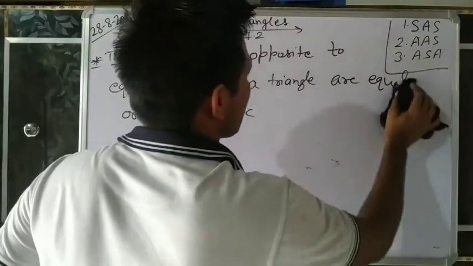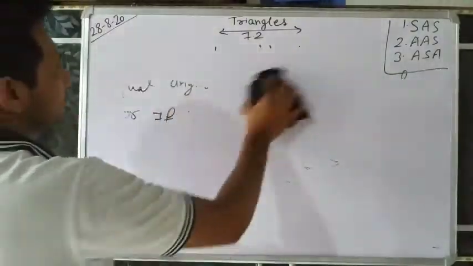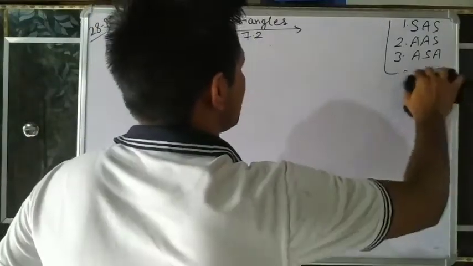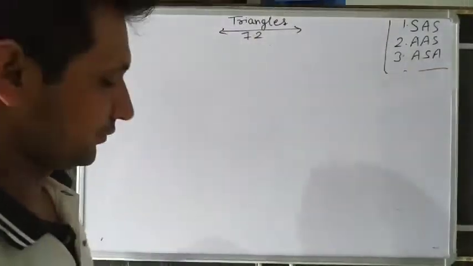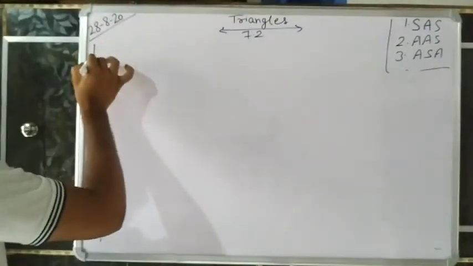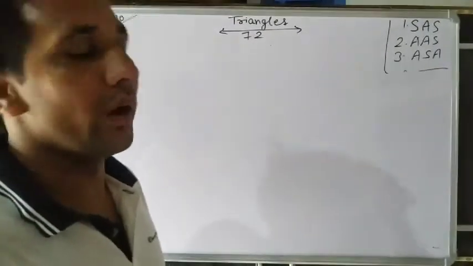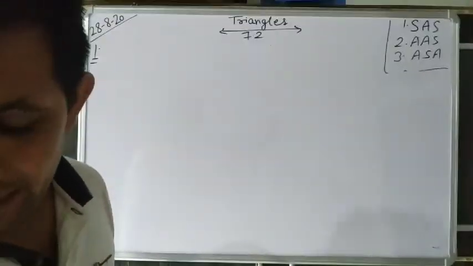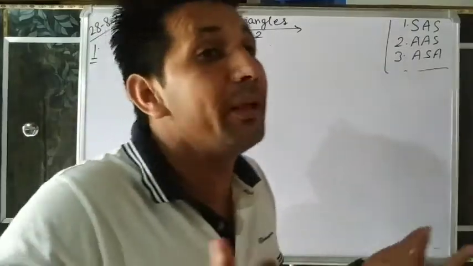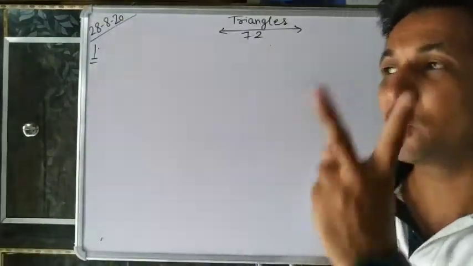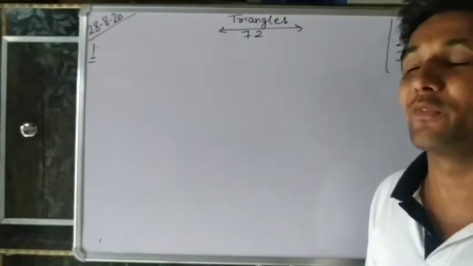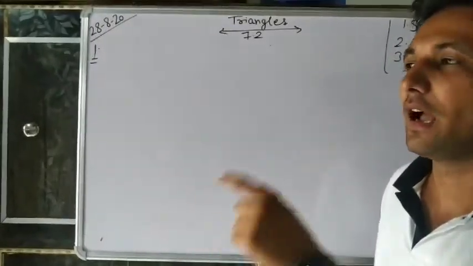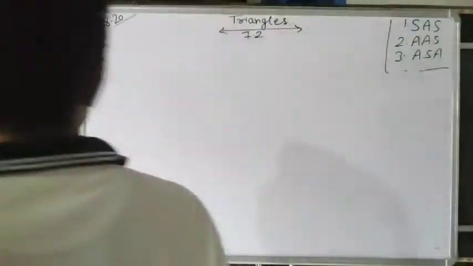So now we start our exercise. First question. If you understand the statements of the theorems, you can easily solve this question. In an isosceles triangle. What is the meaning of isosceles? Isosceles means two sides are equal. We already learned that angles opposite to equal sides are always equal.